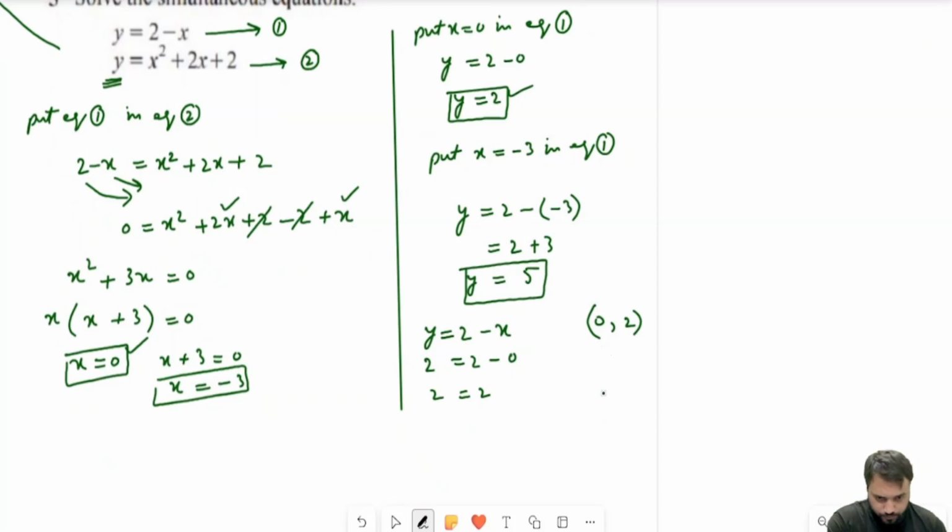Again, use the other one, that is x is equal to minus 3 and y is equal to 5. Using the same equation, the value of y is now 5 and value of x is now minus 3. It will be plus 3. So 5 is equal to 5. So our answers are correct.